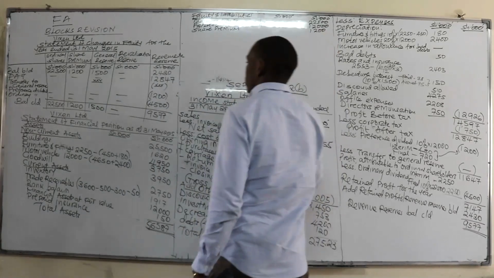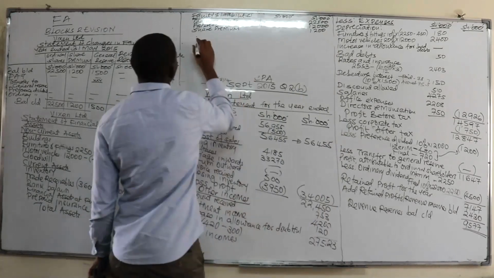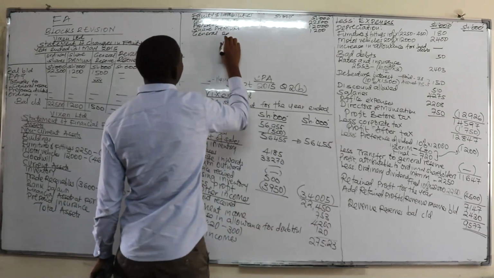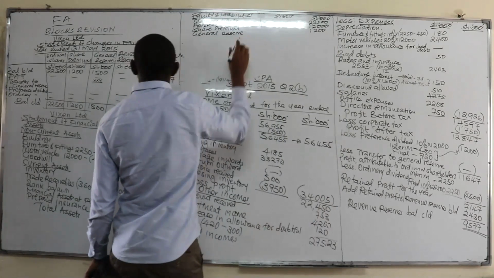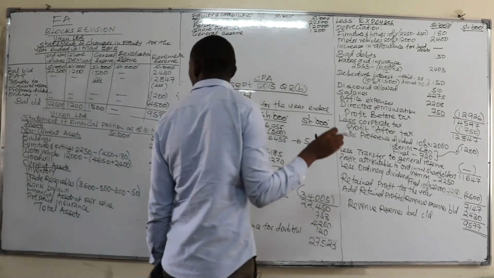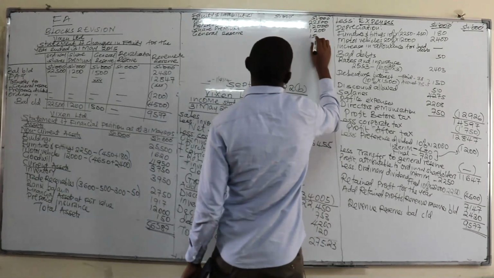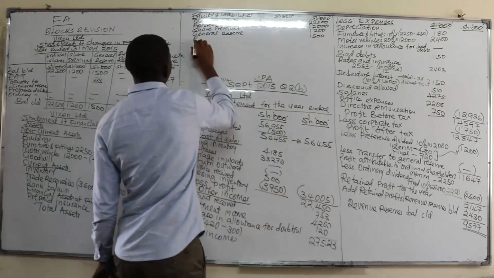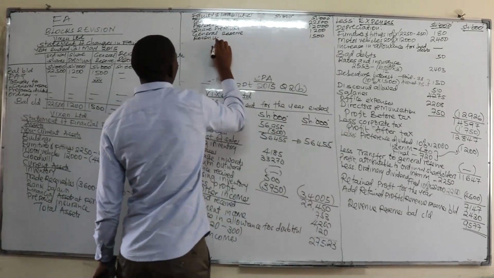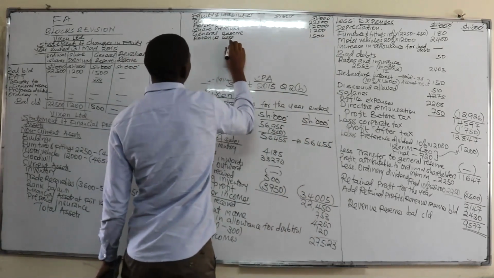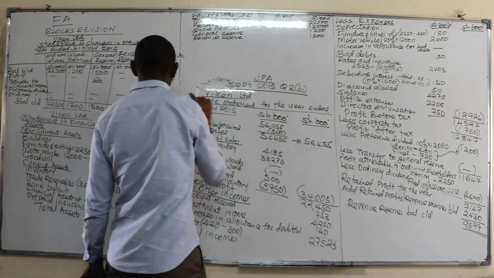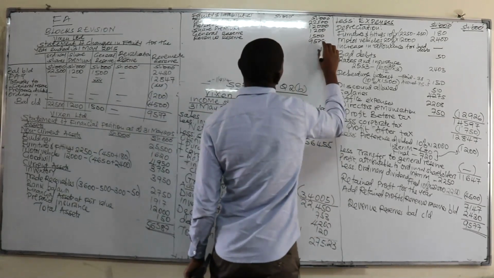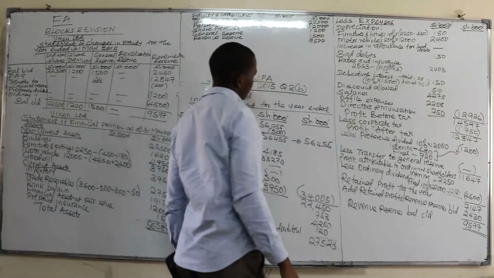We also have the general reserve, which is also 1,500. And then we have the revenue reserve, which is the retained earnings, and is 9,577.